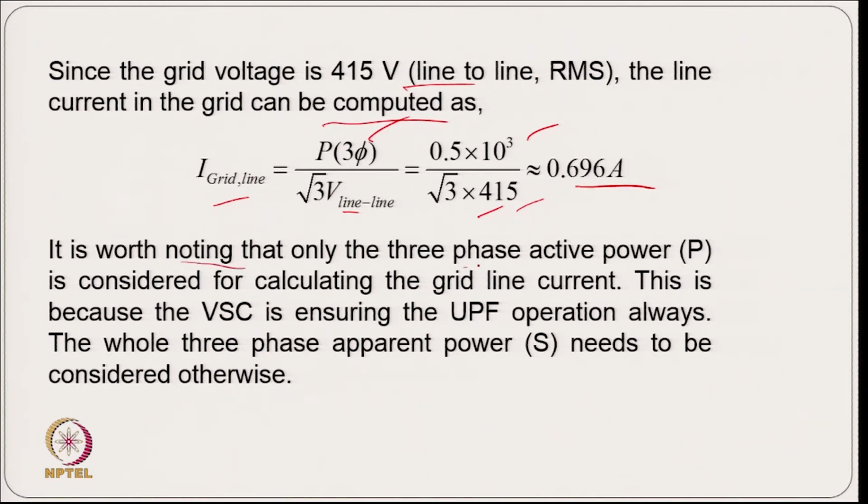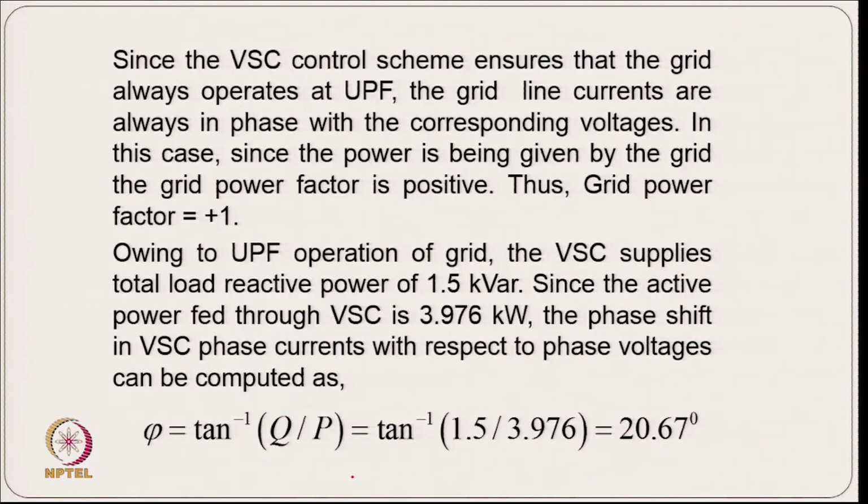It is worth noting that only 3-phase active power is considered for calculation of the grid line current. This is because the VSC is ensuring unity power factor always, otherwise the whole 3-phase apparent power would need to be considered. Since the VSC control scheme ensures that the grid always operates at unity power factor, the grid line currents are always in phase with the corresponding voltage.